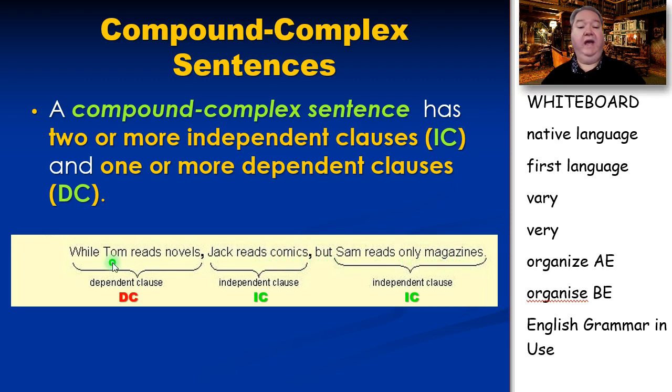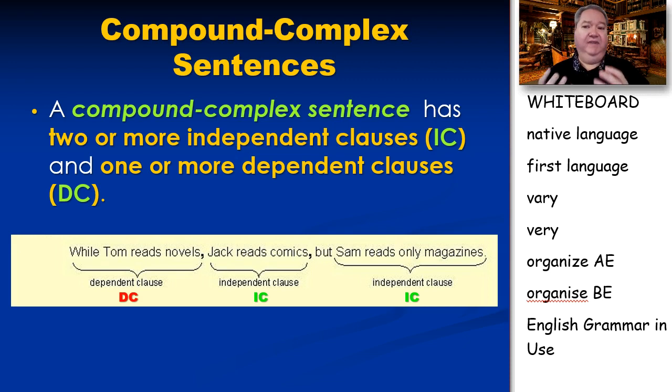However, we have this dependent clause, while Tom reads novels. Now, what does this mean, while Tom reads novels? The word while can mean a couple of different things here. For example, while you're listening to my lecture, maybe you're also listening to music. So you could listen to music while listening to a lecture.